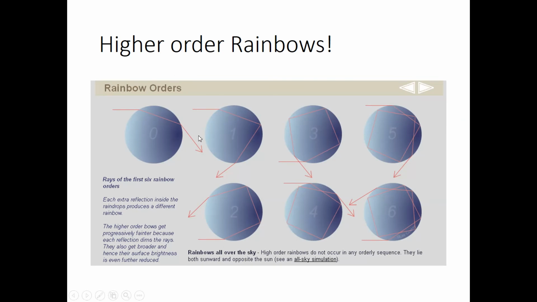In the case of primary and secondary rainbows, the visible light is heading towards us. But for tertiary and quaternary rainbows, the light is heading away from us. And by the time we get to quinary and sextenary rainbows and so on, the light has become so faint that we really can't see it.